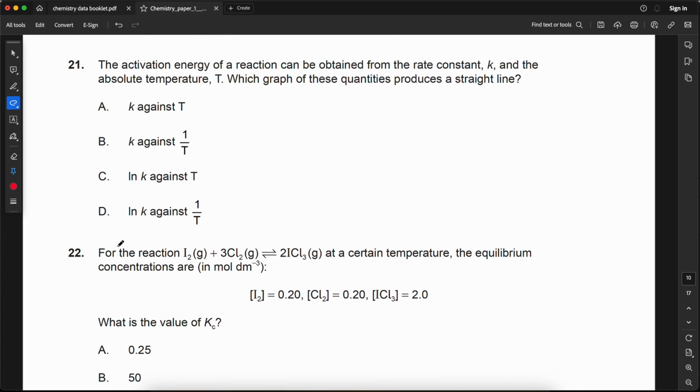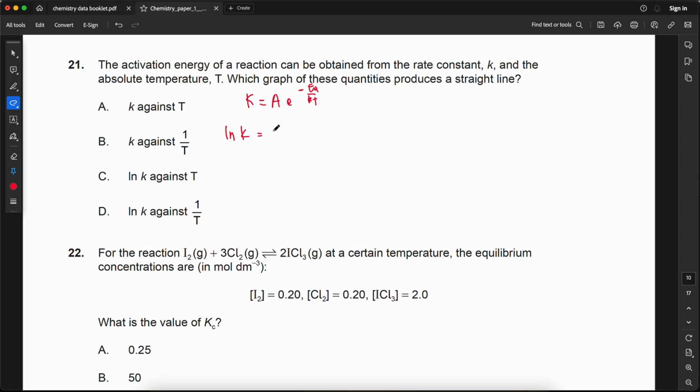The activation energy of a reaction can be obtained from the rate constant k and the absolute temperature T. Which graph of these quantities produces a straight line? The Arrhenius equation is k equals A e to the power of negative activation energy divided by RT.